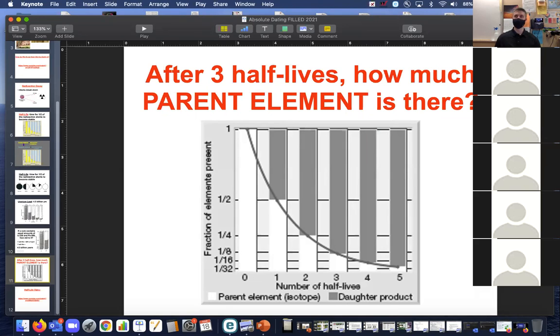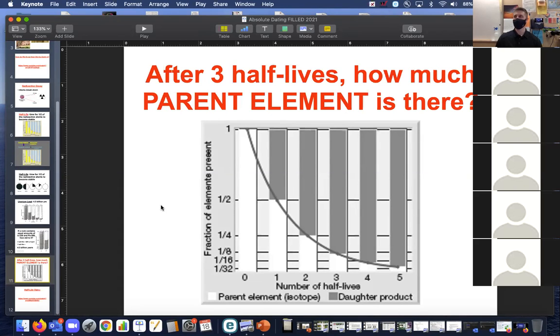Don't hit enter. Don't post it. And you can send it either to me directly, or you can just post it. But with this problem, after 3 half-lives, how much parent element is there? So using this chart, after 3 half-lives, how much parent element is there? Like I said, put it in the chat, but just don't click enter.